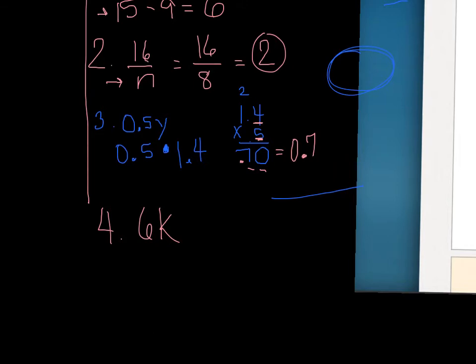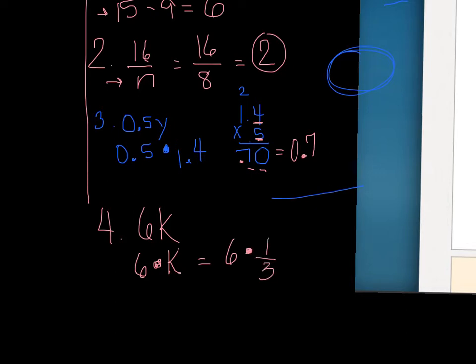Remember what I said about the number and the variable being right next door to each other with no spaces in between? That means multiply. So that means 6 times k, which is 6 times 1/3.